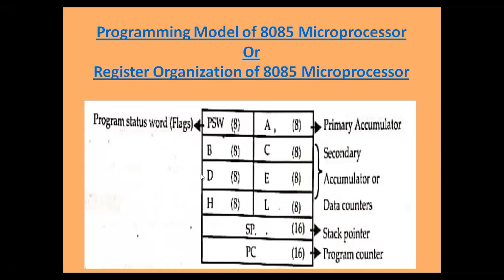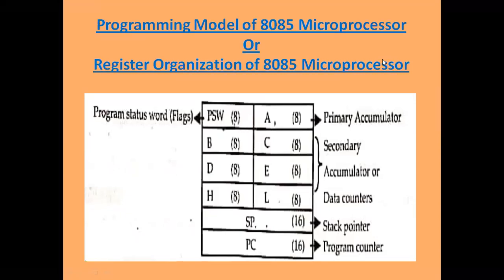Now if you can see in this diagram, it consists of registers A, PSW, which is also called flag, B, C, D, E, H, L, and stack pointer SP, and PC is the program counter.